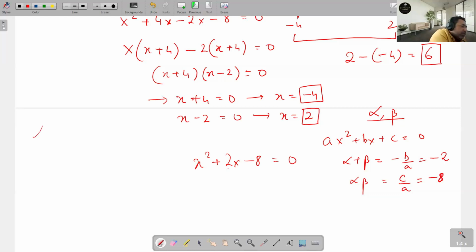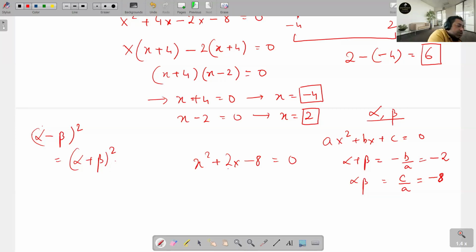All right. Now if we use this and we try to find alpha minus beta whole square, this is equal to alpha plus beta whole square minus 4 alpha beta. That is, a minus b whole square is equal to a plus b whole square minus 4ab.